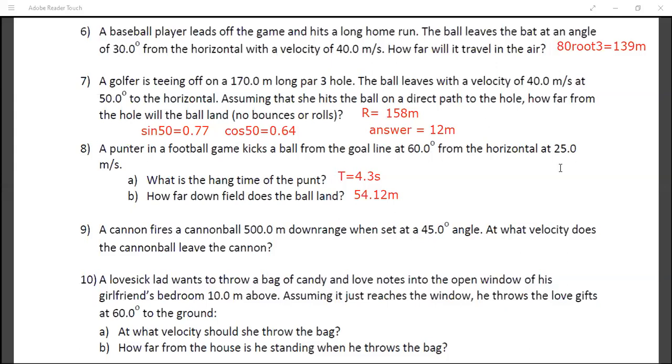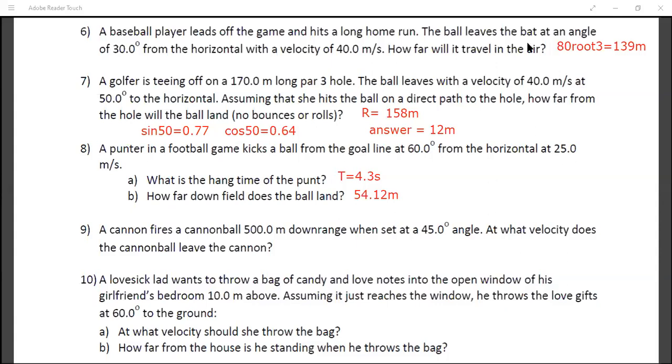Sir, 500 is equal to 2u square by 10 root 2. Wait a minute. Again, say what you said. 500 equal to? Sir, 2u square by 10 root 2.